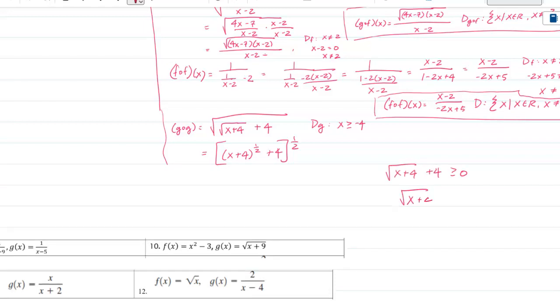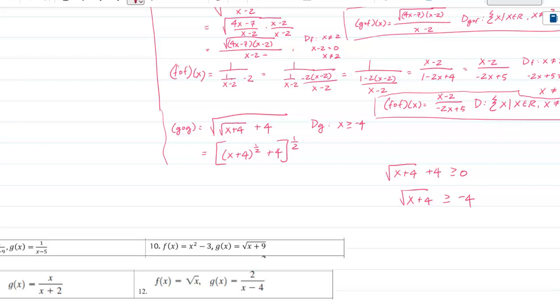Is the square root of x plus 4 greater than or equal to negative 4? In order to do that, you have to square both sides. And the square root of x plus 4 is always going to be greater than or equal to negative 4.